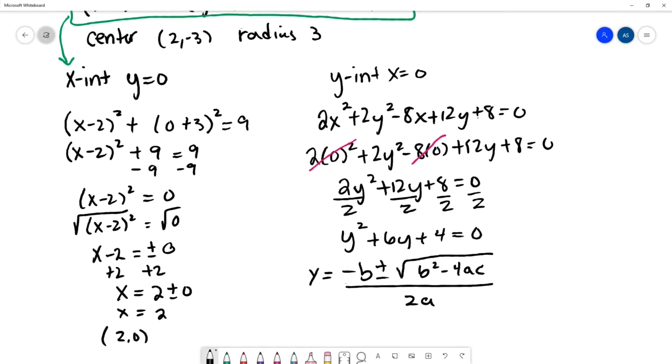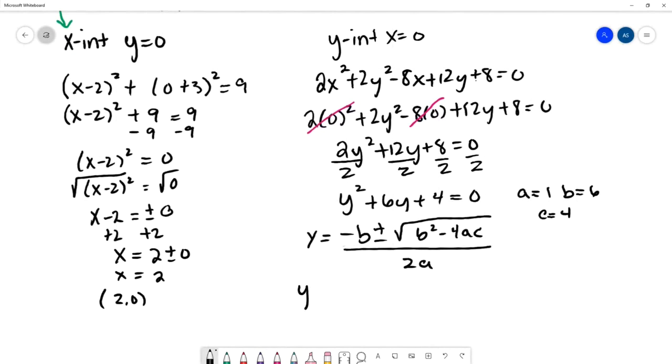For this example, a is 1, b is 6, and c is 4. a is always the coefficient of the squared term, b is always the coefficient of the linear term, and c is always the constant. So we get y equals negative 6 plus or minus the square root of 6 squared minus 4 times 1 times 4, all over 2 times 1.